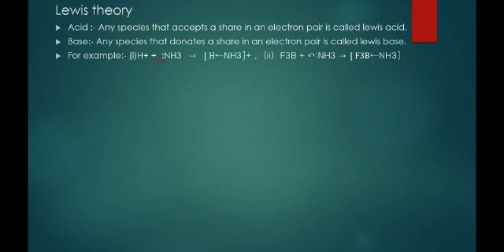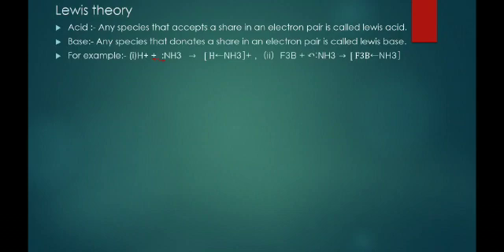H plus ion and NH3. As we know, in NH3 nitrogen has a lone pair of electrons, and this hydrogen ion has a vacant orbital.